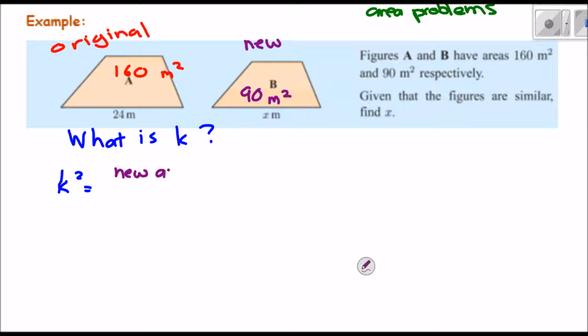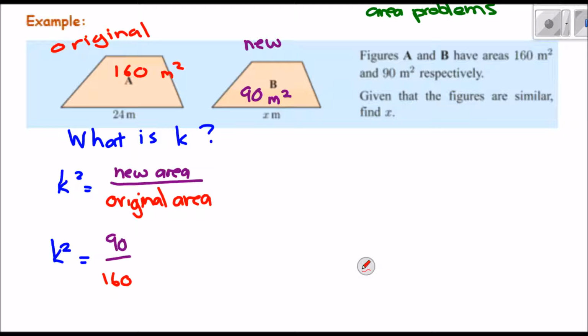Sometimes people call it the old area. So if k squared is the new area over the original area, we can work out a little equation and solve for k. The thing to remember is it's k squared, not k. So the new area was 90, and the original area was 160.